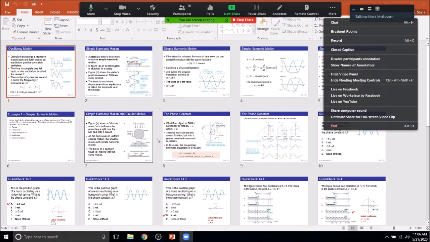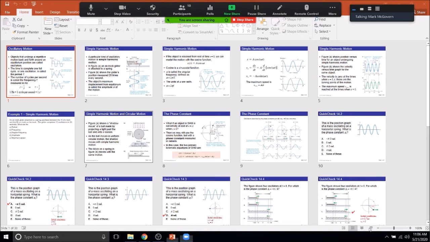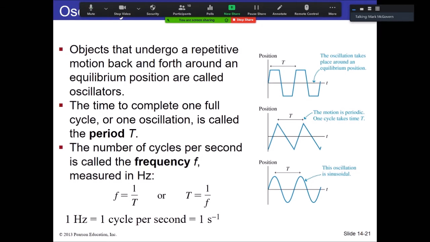So you can see in the picture up here, I have different oscillatory motions. These are positions graphed with time. We got what appears to be somewhat of a step function. We got a sawtooth function there, and the one at the bottom is the sinusoidal function.